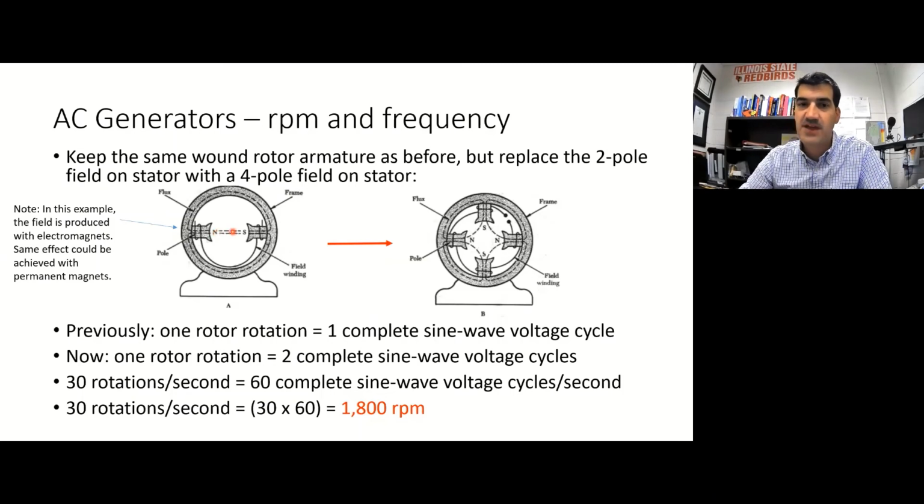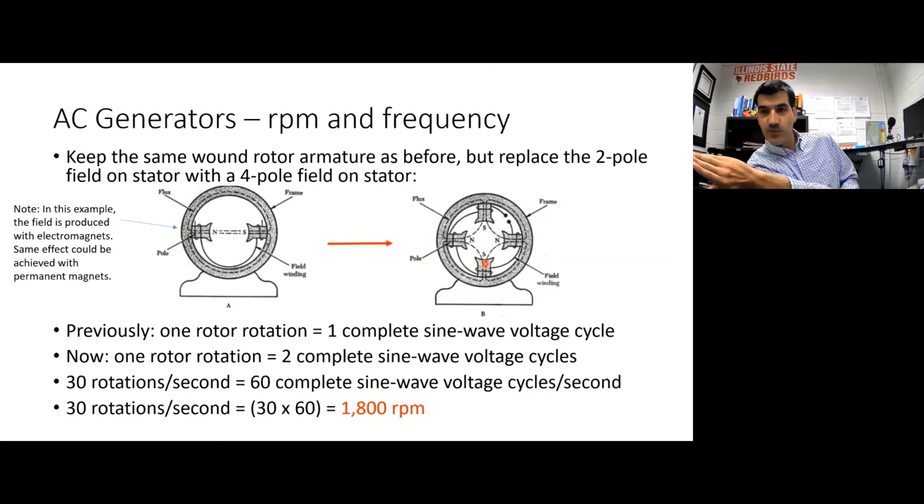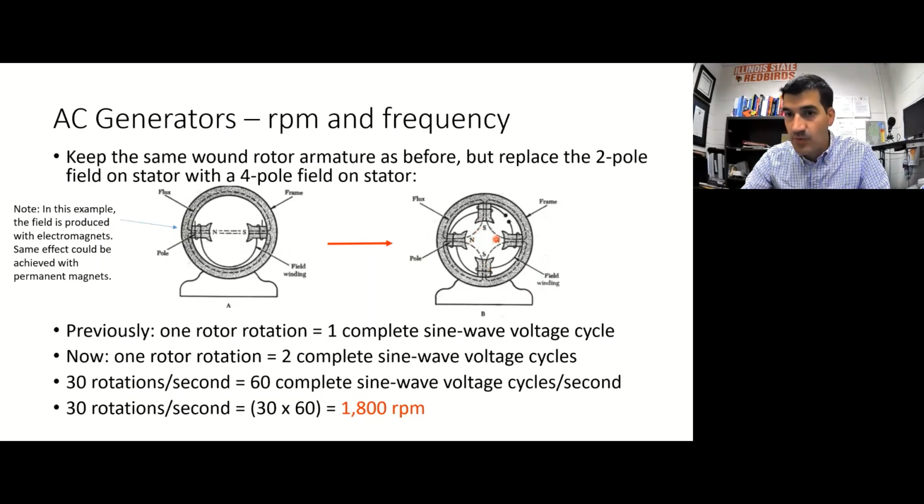Now imagine I add two magnetic poles to the magnetic field, which is on the stator of this machine. And so now, instead of the armature going from north to south to north in one full physical rotation, now it goes from north to south to north, back to south, and back to north again.